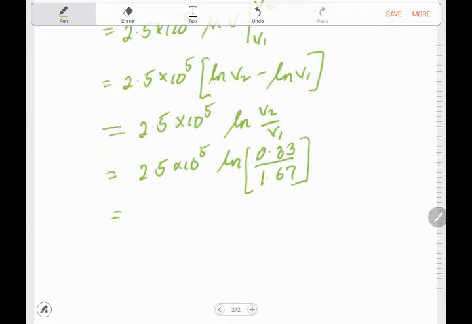If you find the ln of 0.33 over 1.67, you're going to get 2.5 times 10 raised to the power 5 times minus 1.62. If you multiply this out, you're going to get minus 405.37 kilojoule. This will be your final answer.